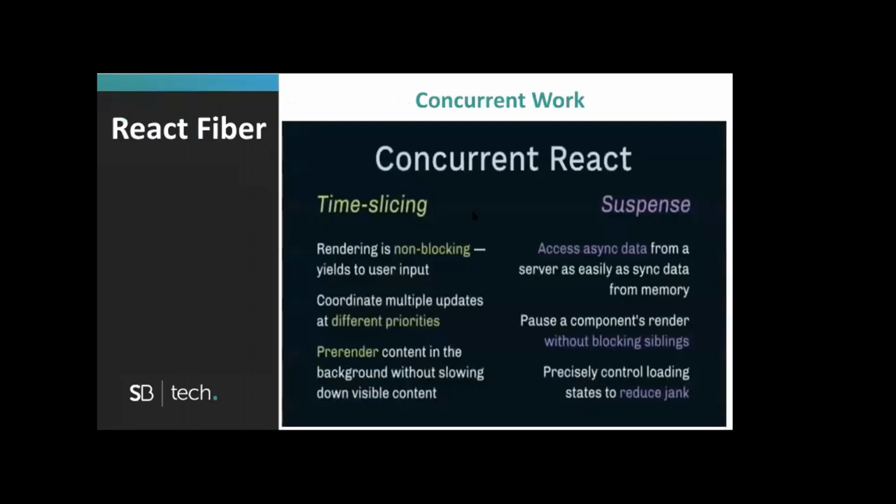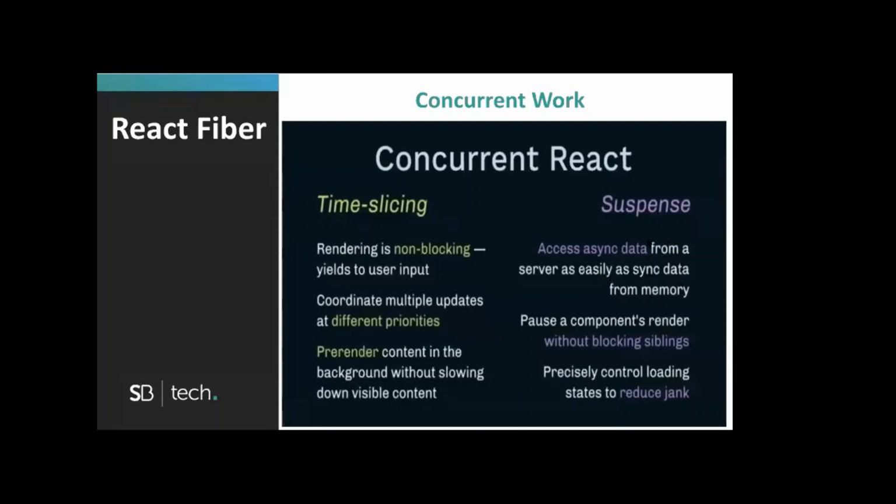So we have seen the differences between time slicing and Suspense, rendering and non-blocking. As I have shown, time slicing does priority-based updates and pre-renders content in the background without showing visible content. And Suspense accesses asynchronous data from the server as easily as synchronous data from memory.